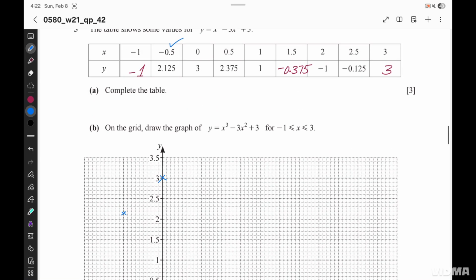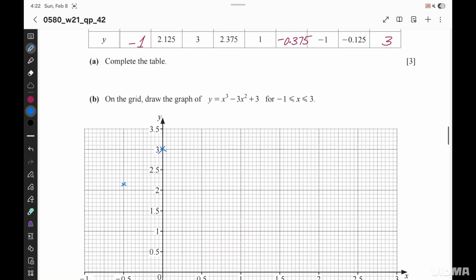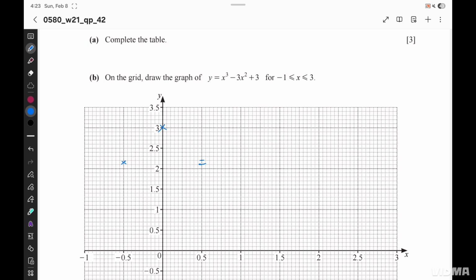Then for 0.5 we have 2.375, 2.2, 2.3 and 2.4. So it would be between 2.3 and 2.4 and more closer to 2.4. So this would be the fourth block, 2.375.